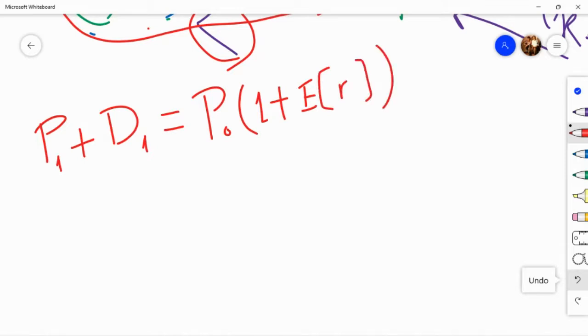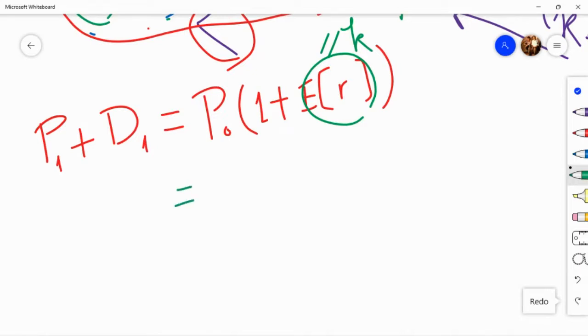Again, this is under equilibrium, right? Under equilibrium, this expected return is the same as K or R, the required return.